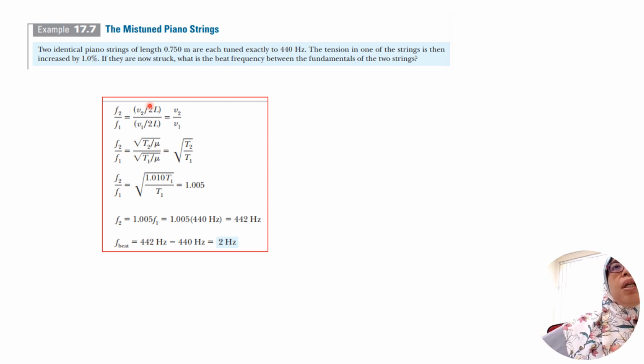So, kalau 1% ni kita akan tulis sebagai 1.01. Okay, 1%. Sebab 1/100. Jadi, kalau 100/100, maknanya 1 je lah. Increasing by 1% ni bermaksud 1/100. Tambah balik 1. Ataupun 100 campur 1, 101. 101 bahagi 100. Dapat 1.01.